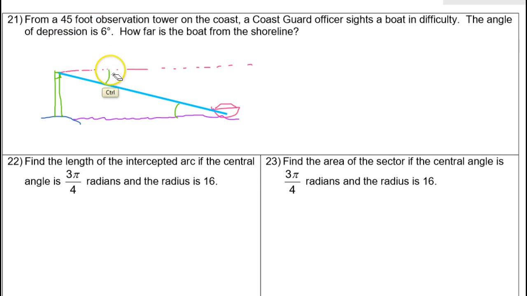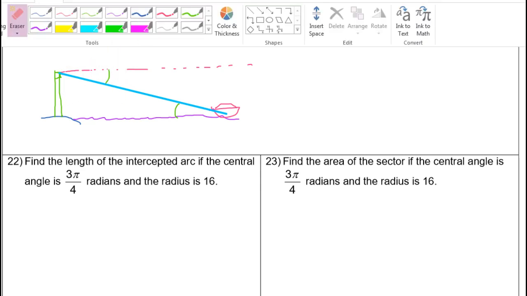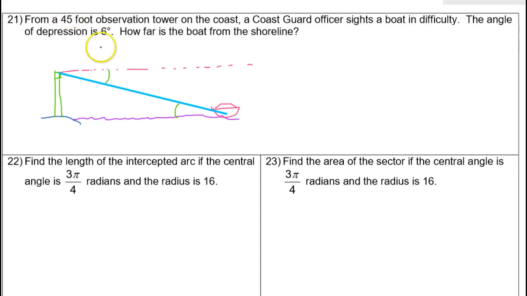The angle of depression is out here. So I encourage my students to just always go ahead and find the angle of elevation down here. That way, since they're the same, this one is less ambiguous. No one's tempted to try to find some angle outside the triangles. So this is better. So we'll find this.